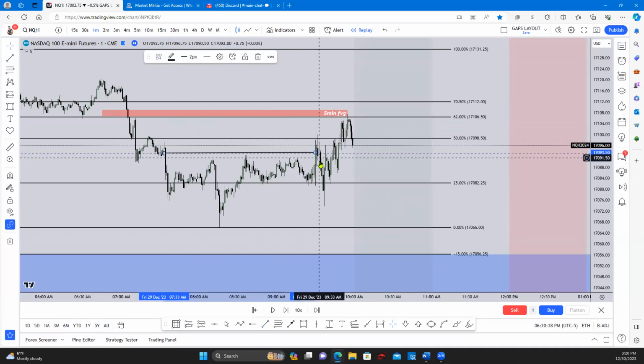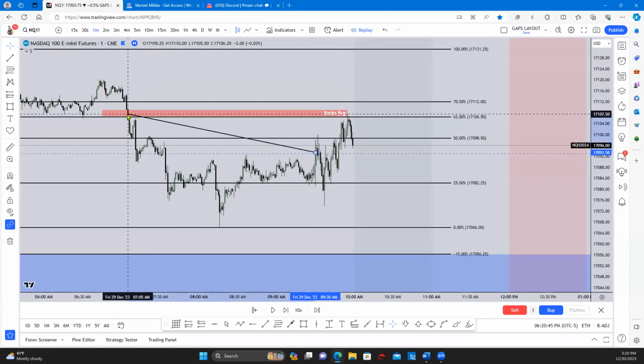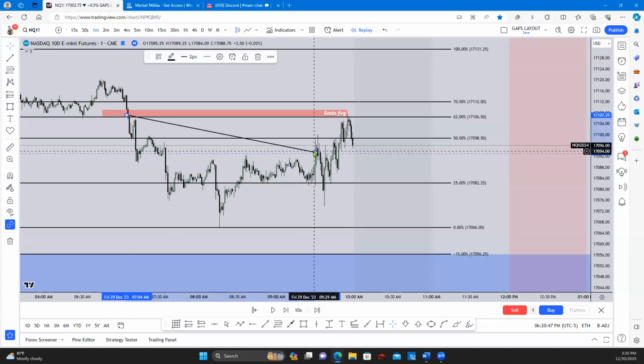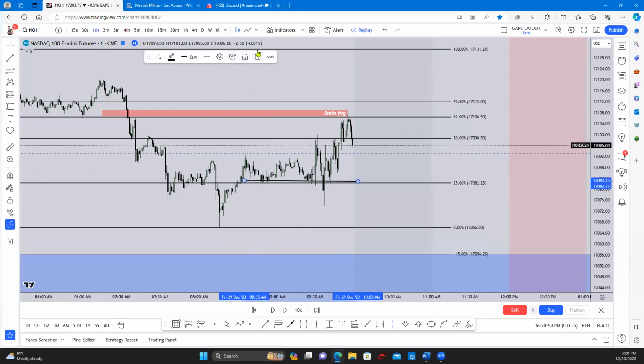We're taking out liquidity, and then for good measure, we take out liquidity one more time. We're kind of attacking this trend line here because people are thinking this is a break and retest, and we're going to send it higher. Retail would want to look at this as support, so people keep getting in. This is the real support, we're going to head higher.